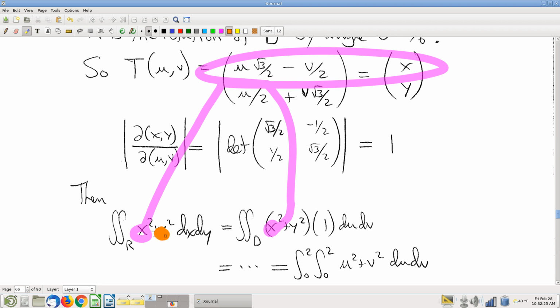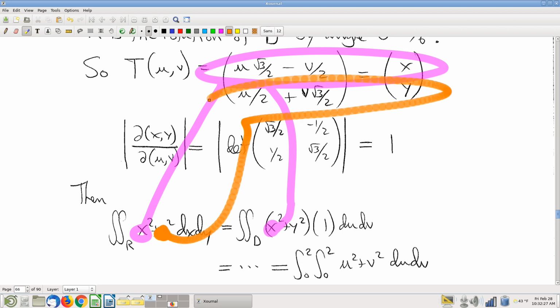Likewise, y. You can just stick that in there. And to do some algebra, you have to square that formula for x and square that formula for y, and yada yada yada, algebra to be done. Turns out that that integrand turns into u squared plus v squared, as it happens.